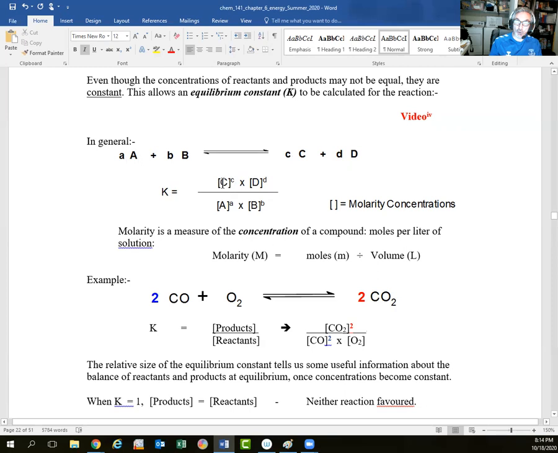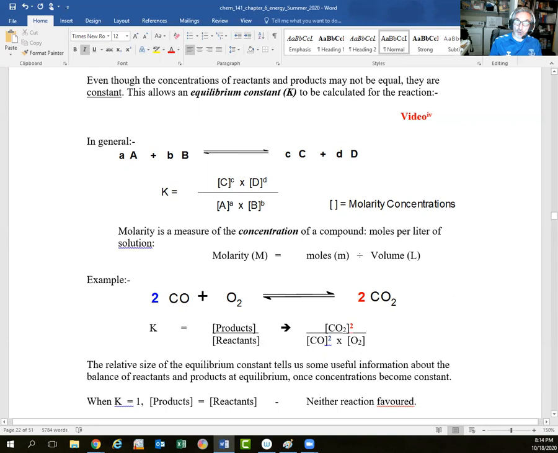So the concentration of C taken to the number of moles that we had in the equation, concentration of D in parentheses, that's what these square parentheses are for, to denote a concentration. D concentration taken to the number of moles of D, and the concentration of A taken to the number of moles of A from the equation, and so on.